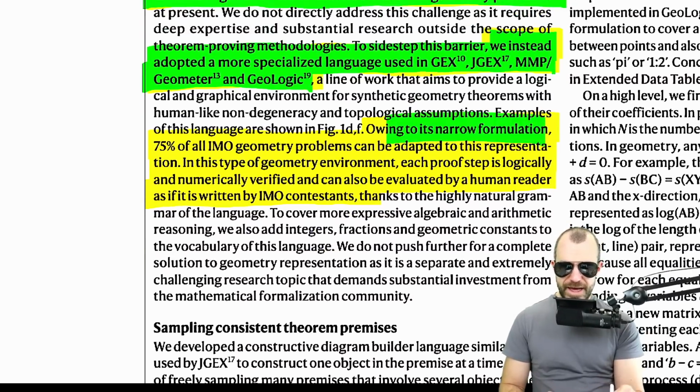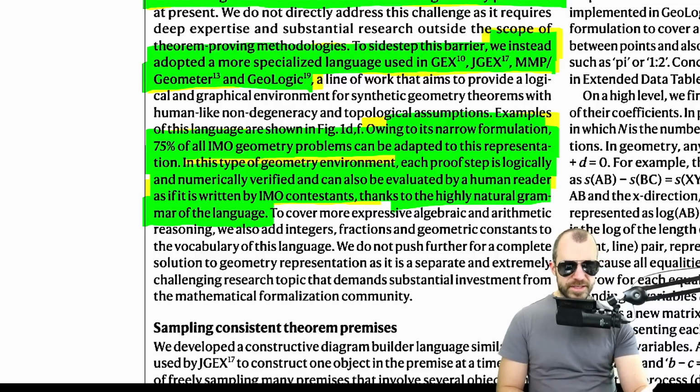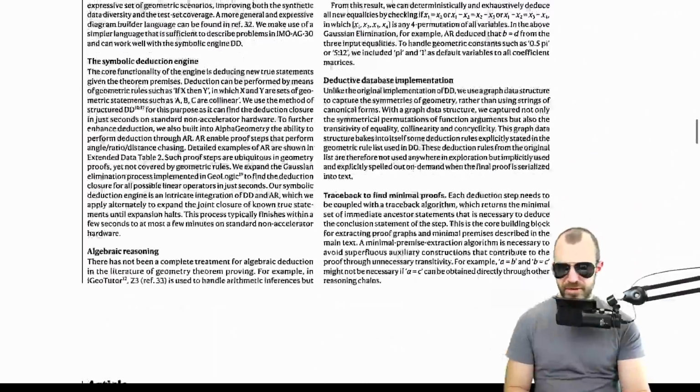And owing to that, 75% of all the problems can be adapted into this representation. Every proof step is logically and numerically verified and can also be evaluated by a human reader as if it is written by an IMO contestant, thanks to the highly natural grammar of the language. So that's one thing that's certainly pretty helpful in evaluating these things.